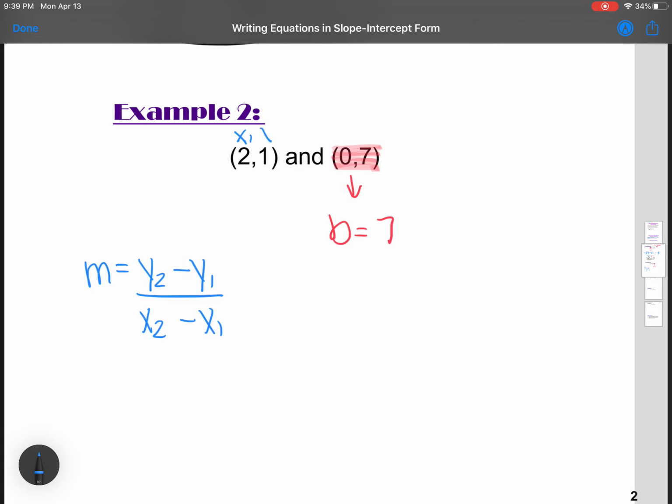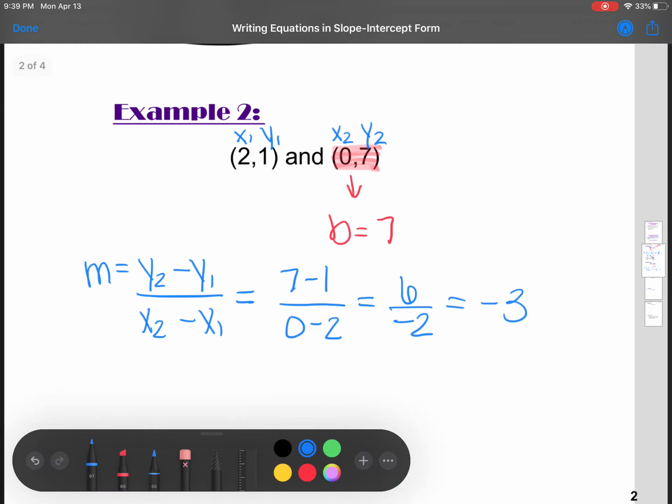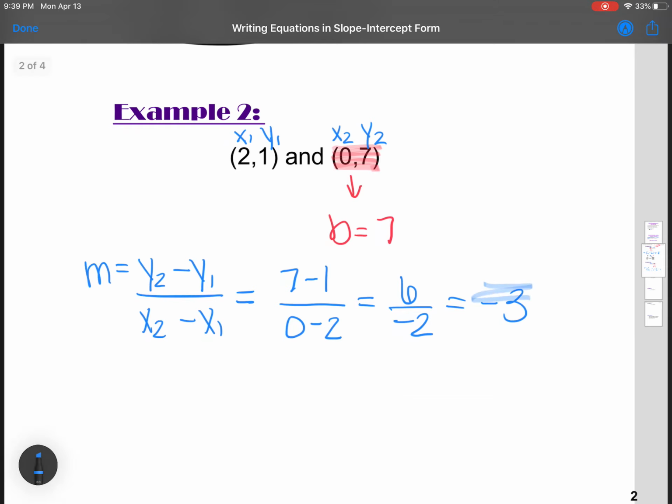So x1, y1, x2, y2. Plugging that in, 7 minus 1 over 0 minus 2. 7 minus 1 is 6. 0 minus 2 is negative 2. So this is going to become negative 3. Now I know I'm plugging in negative 3 for my m.